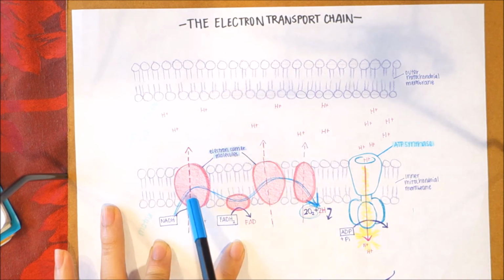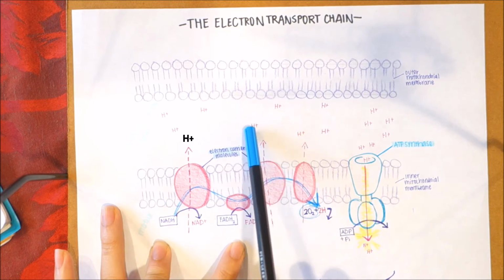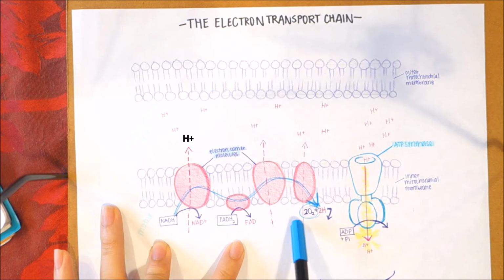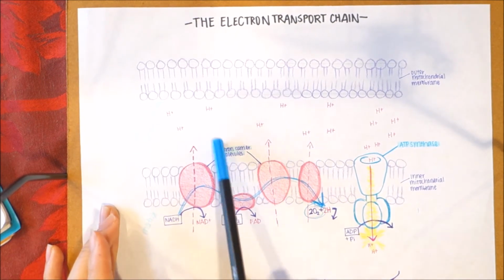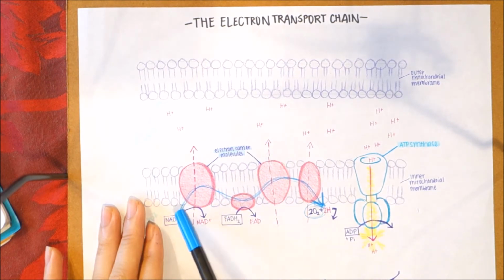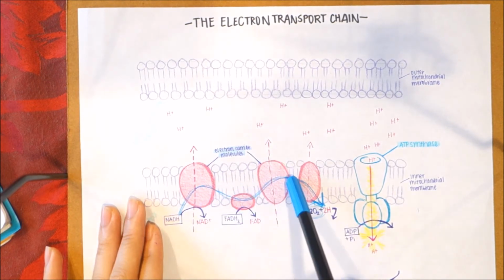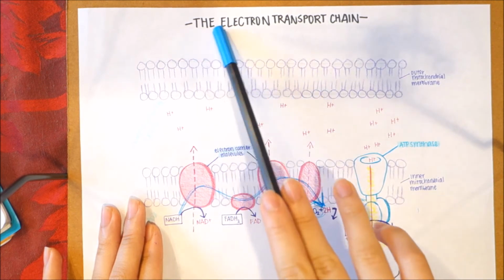As you can see, the arrows of these electron carrier molecules signify the H protons being pumped out of the matrix. All the H's are getting pumped because the carriers are accepting the electrons and passing them down from one electron carrier molecule to the next, which is the electron transport chain.